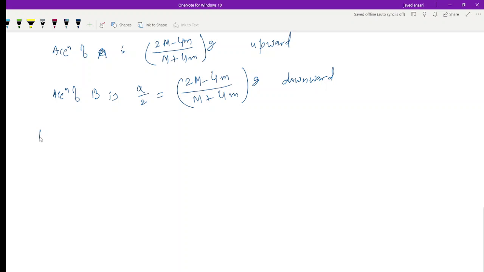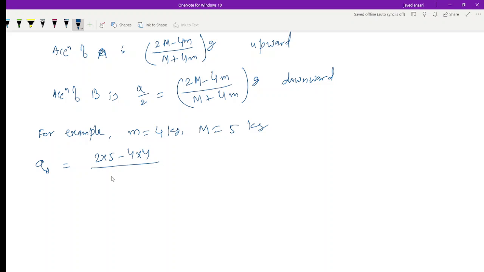For example, let's take m equal to 4 kg and capital M equal to 5 kg. What is going to happen? Acceleration of A will be 2M minus 4 times 4, divided by M, which is 5, plus 4 times 4, times g.